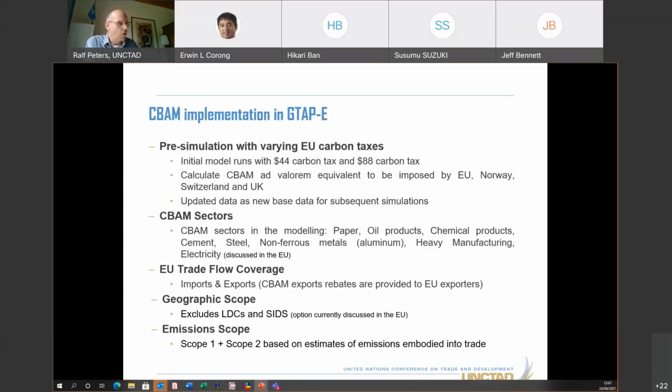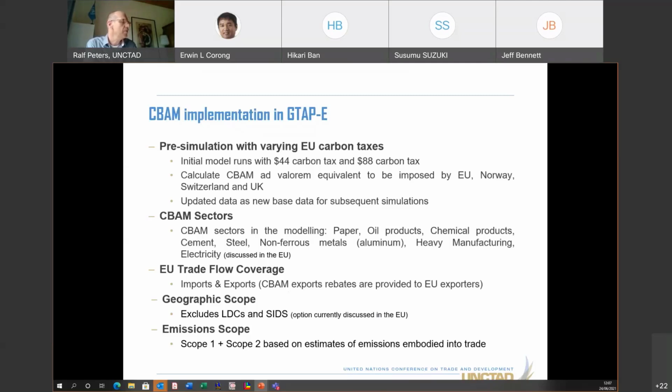I mean, it's all EFTA countries, so it includes also Liechtenstein and Iceland. We use this pre-simulation as the new reference. So in order to concentrate on the effects of the carbon border adjustment mechanism, after the pre-simulation, we use this as the new reference.